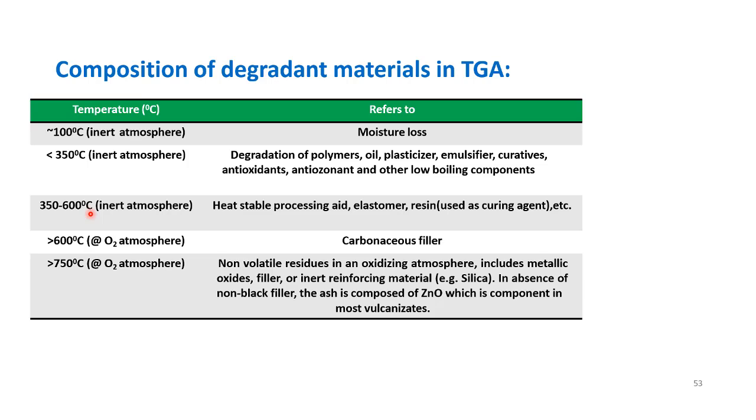Then we need to switch to the oxygen atmosphere for the carbonaceous fillers to degrade at more than 600 degrees Celsius. Then the non-volatile residues will be there in the form of char, which can be metallic oxides, fillers, silica or ZnO. These are in the form of ash, and we will get to this after some video sessions.